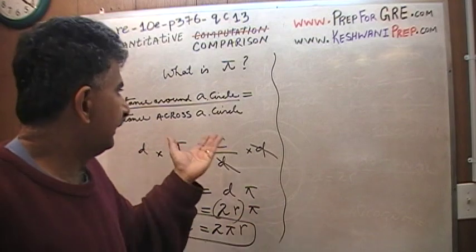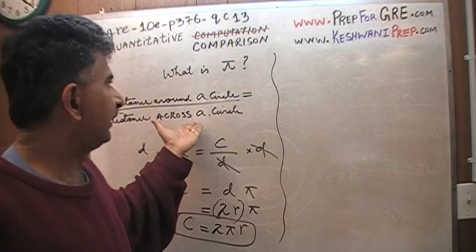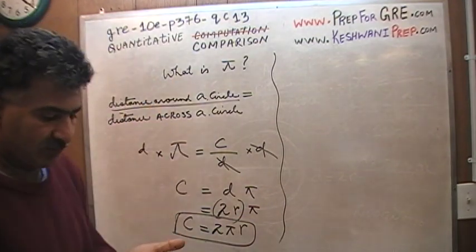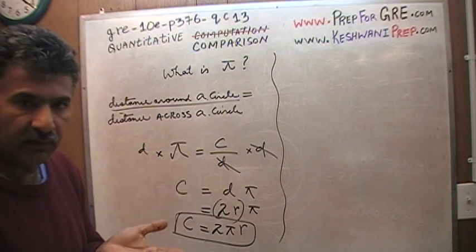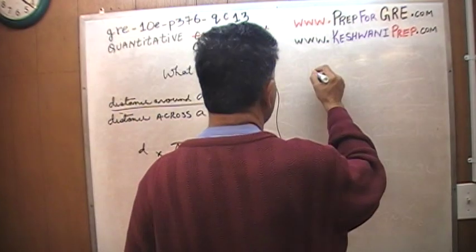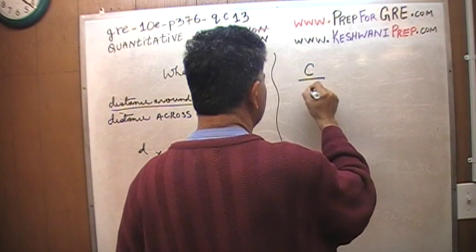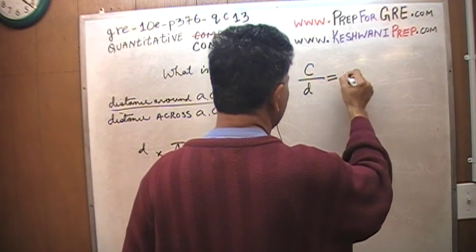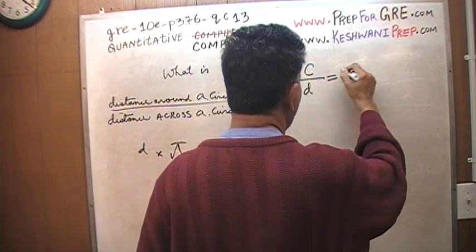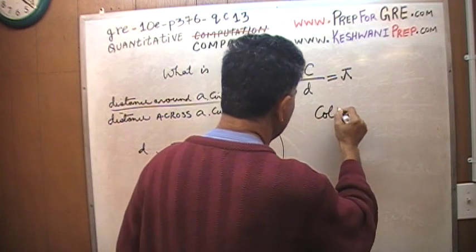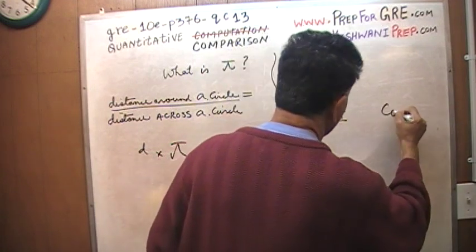Well, we just talked about it. That's pi. That is the definition of pi. The ratio of the circumference of the circle to the diameter of the circle is exactly what is known as pi.